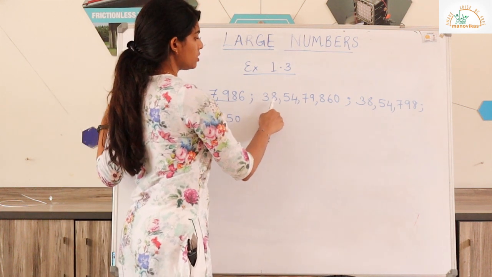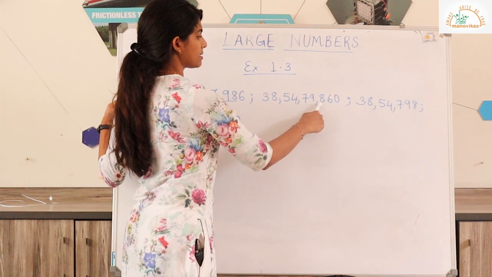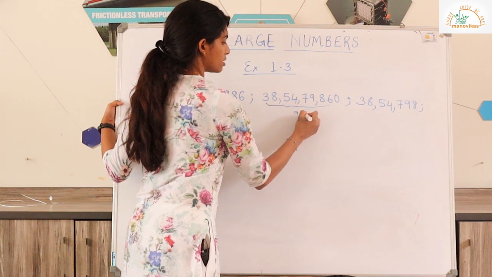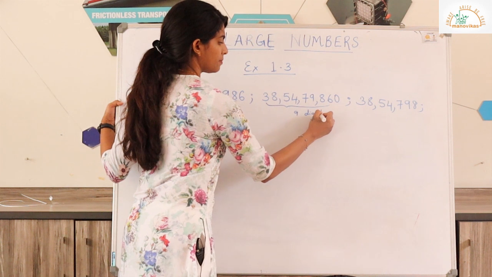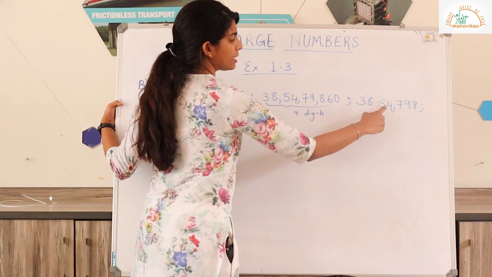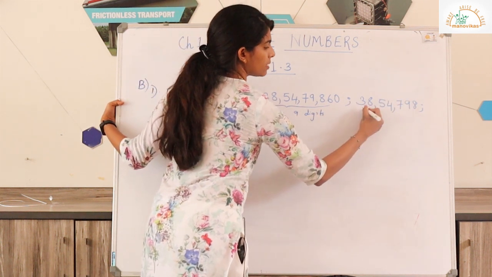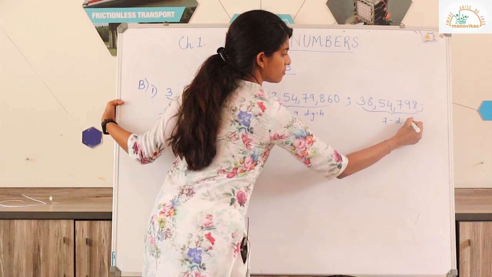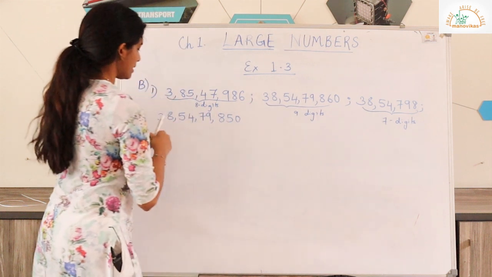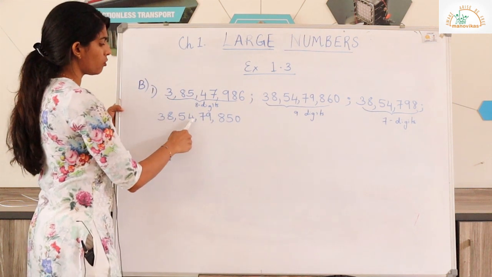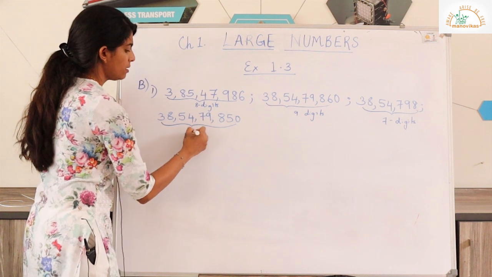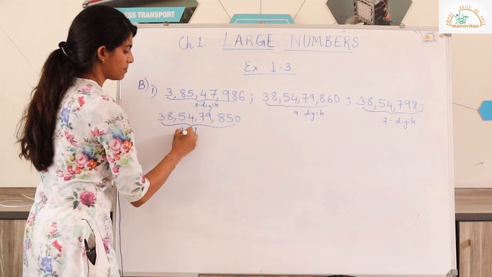Next, we will count 1, 2, 3, 4, 5, 6, 7, 8, 9. Here, there are 9 digits. 1, 2, 3, 4, 5, 6, 7. Here there are only 7 digits. And the last number 1, 2, 3, 4, 5, 6, 7, 8, 9. Here there are 9 digits.